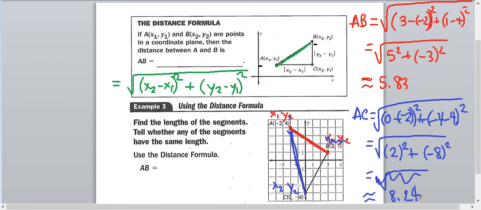So it looks like AB and AC definitely do not have the same length. So let's check out B and C and see if maybe that one has the same length as something.